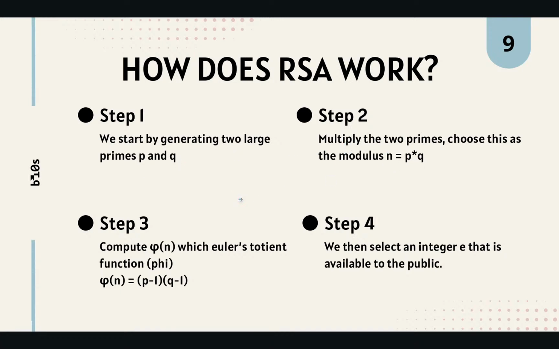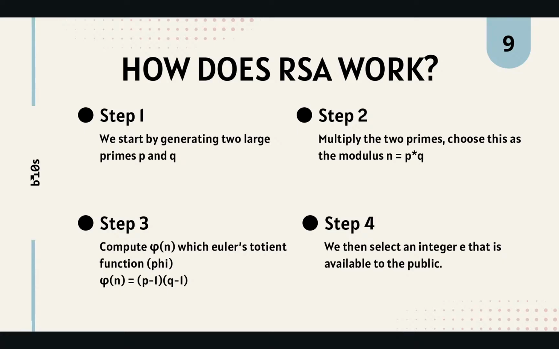Simple enough. Next, we calculate what is called phi of n. This symbol in step 3 is called phi. Phi of n is actually (P minus 1) times (Q minus 1). So why this particular number? There's significance to it.